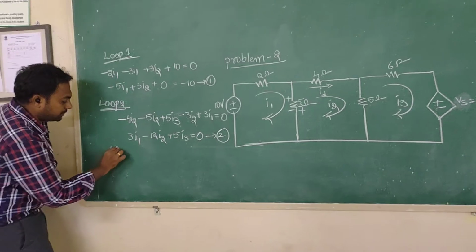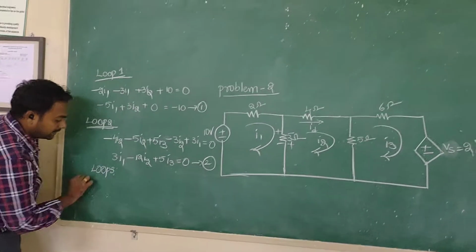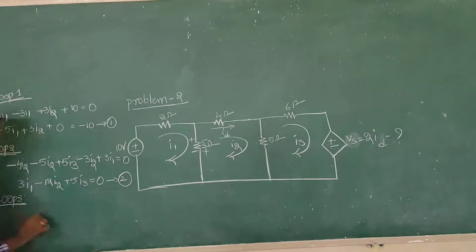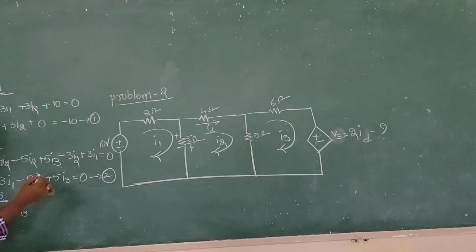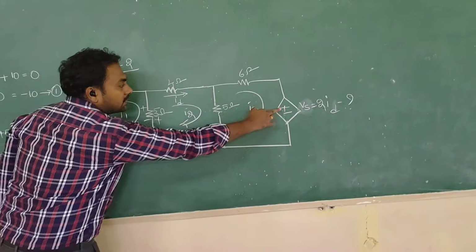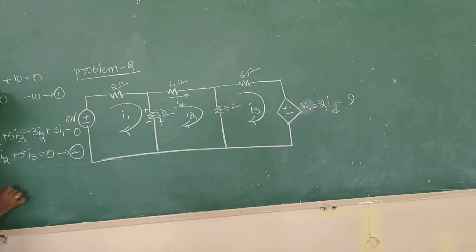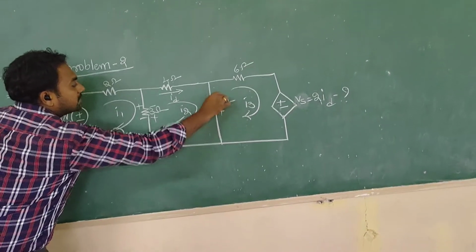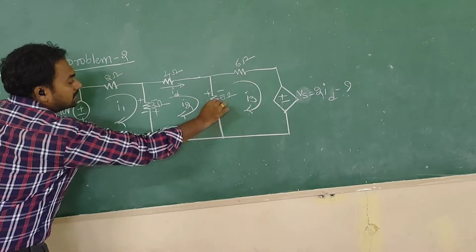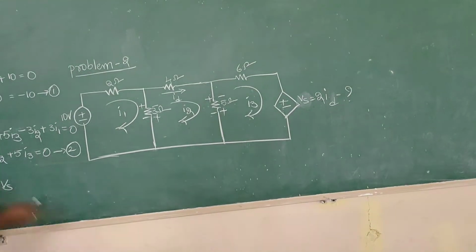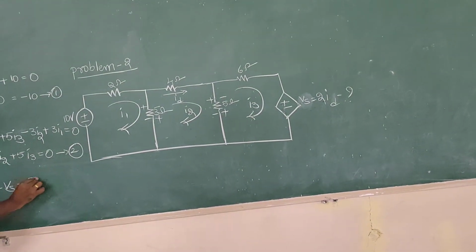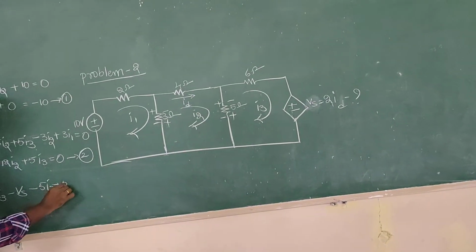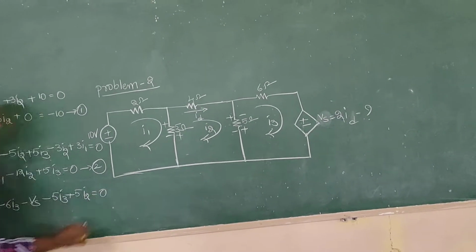When it comes to loop 3, we have positive to negative, minus 6I3. Next, this is a voltage source, so positive to negative, negative Vs. Next, positive to negative, negative 5I3, and negative to positive, plus 5I2, is equal to 0.